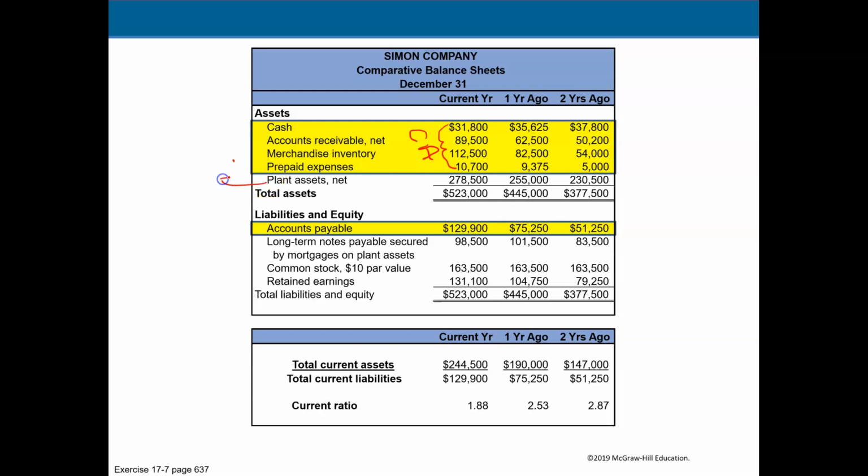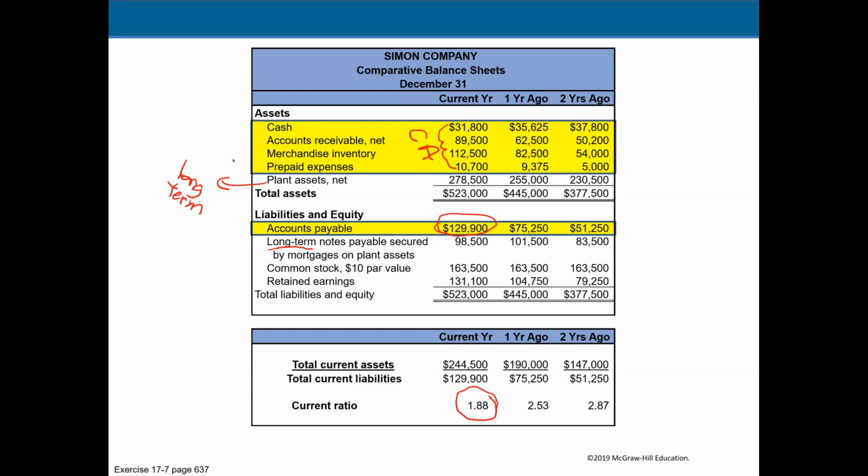Plant assets are long-term, so they're not included. Current liabilities would be this number, $229,900. Long-term notes payable obviously is not current. Divide the two numbers and you get a current ratio of 1.88.